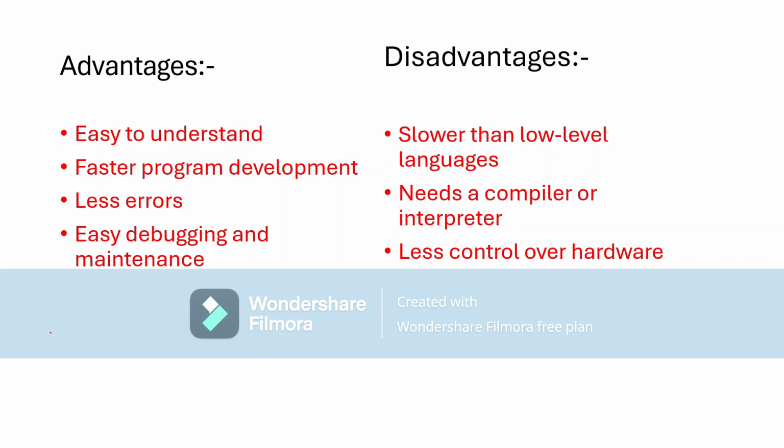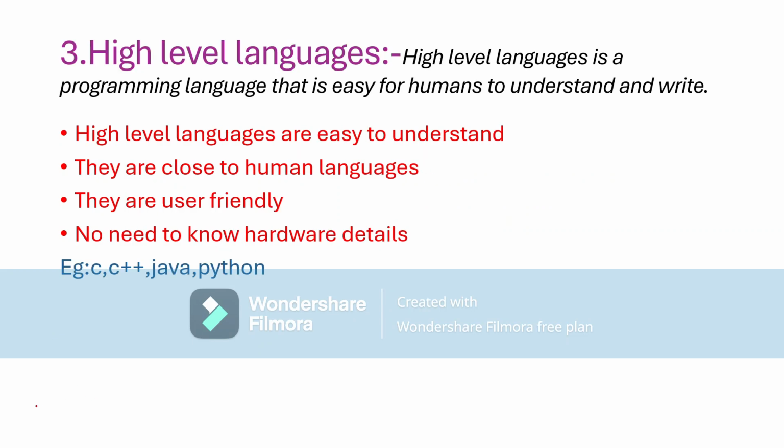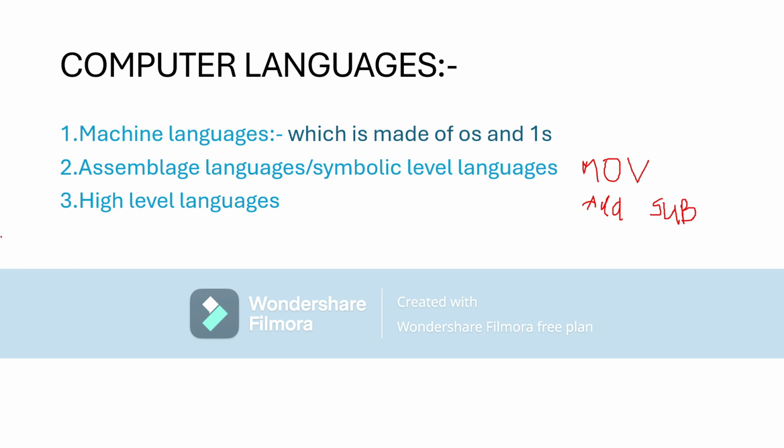I hope you understand what high level languages are and what the three different types of computer languages are. So computer languages are mainly divided: machine level languages are the languages which can easily be understood by computers, but we humans can't understand them.